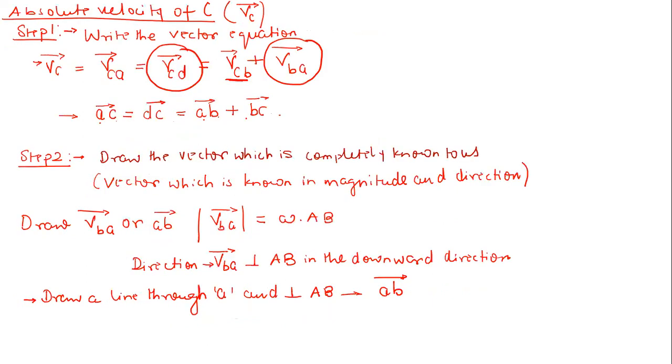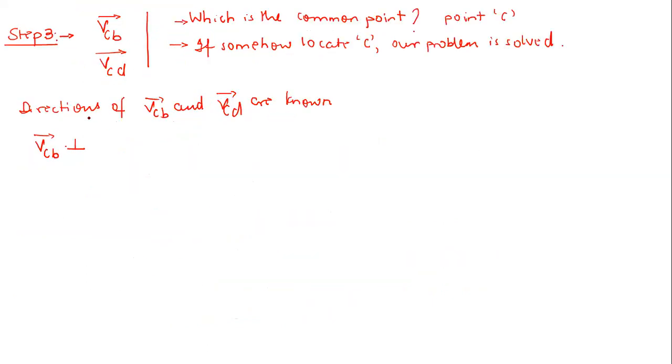So you can simply write that this VCB vector is perpendicular to BC, so here we know the direction. Again, this VCD vector is perpendicular to CD, so again we know the direction, but we are not aware of the magnitudes. So the magnitudes of these two are not known.